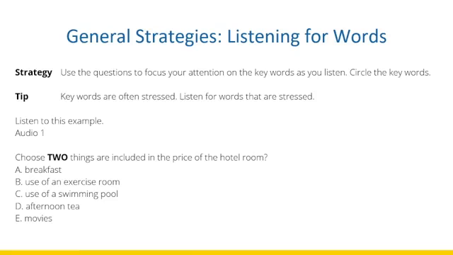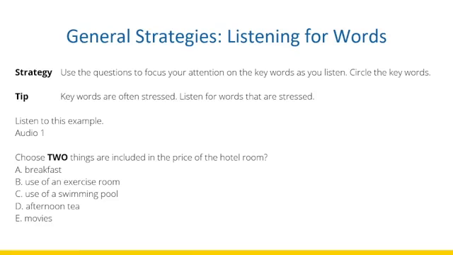So here we have an example of a similar task. Here we have the following question: Choose 2 things that are included in the price of the hotel room. In this case, the word 2 is emphasized. You have 5 different options, A, B, C, D, and E, and from these 5 options you have to pick only 2 things.